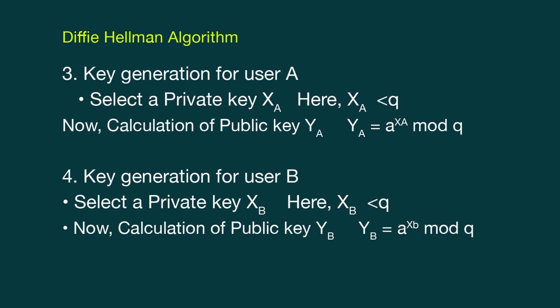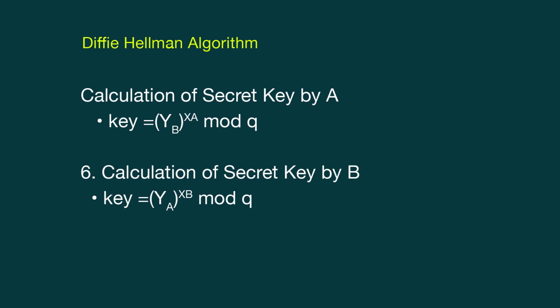Key generation for user B: select a private key xb, where xb is less than q. Now calculate the public key yb, where yb is equal to alpha raised to xb mod q. Calculation of the secret key by A: key equals yb raised to xa mod q, and calculation of the secret key by B: key equals ya raised to xb mod q.